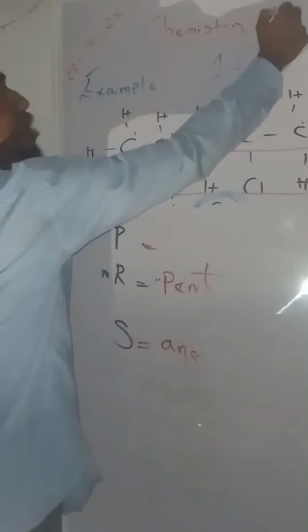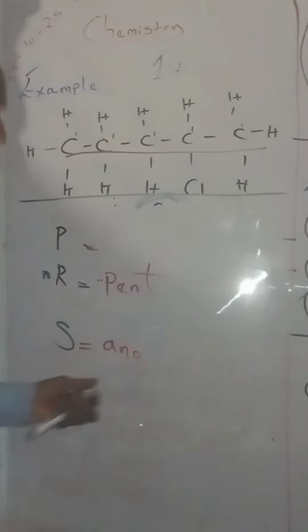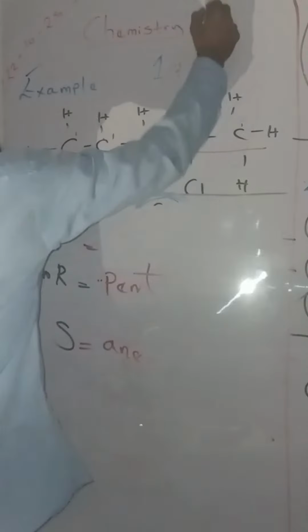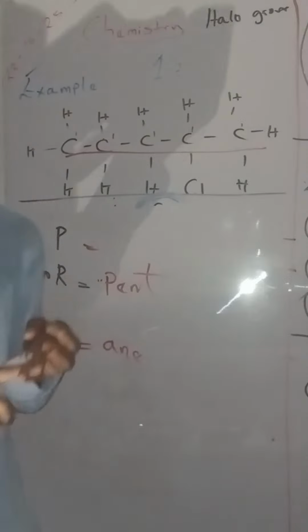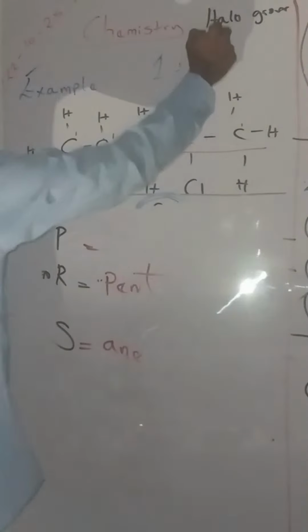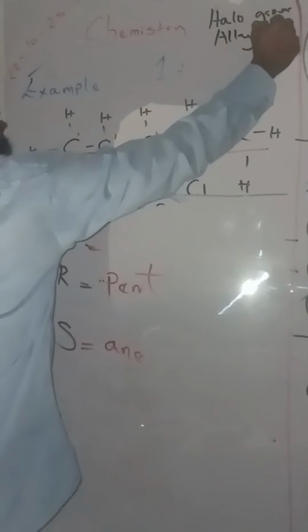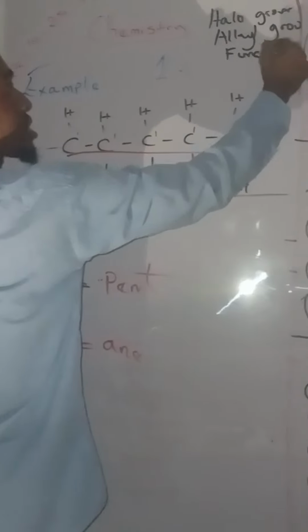You can either have a halo group, and a halo group means all those chloro, bromo, iodo, fluoro. We can have an alkyl group. These are the most common groups, but sometimes we also have a functional group as a branch.